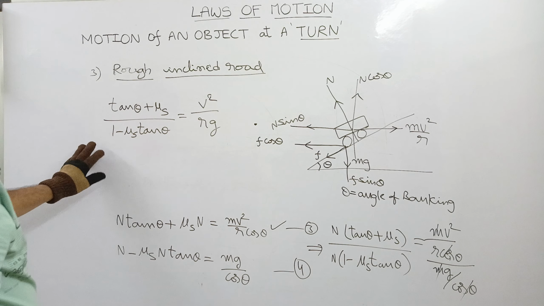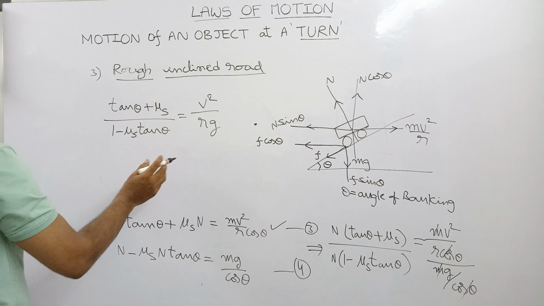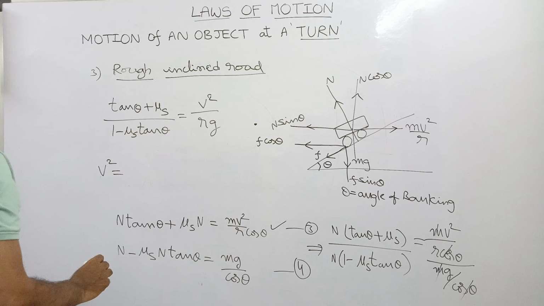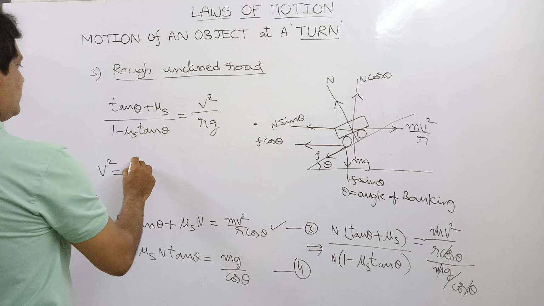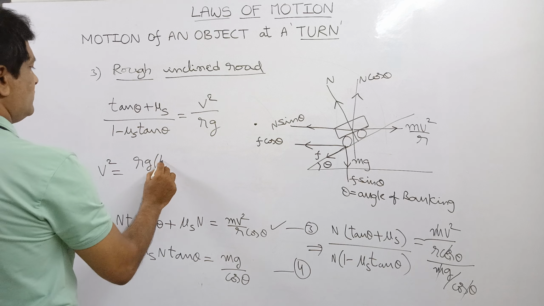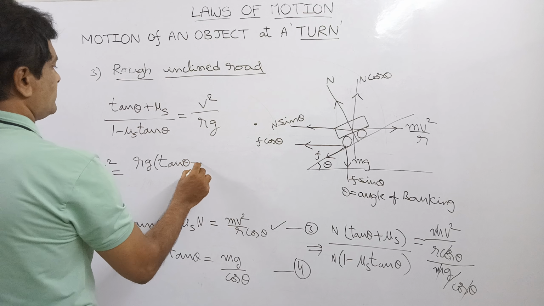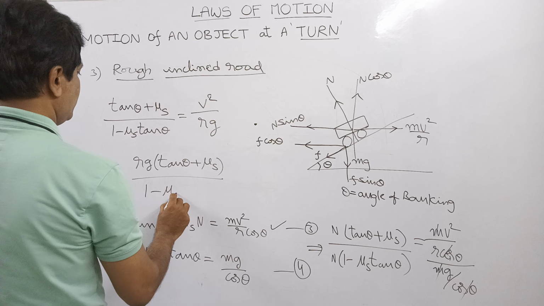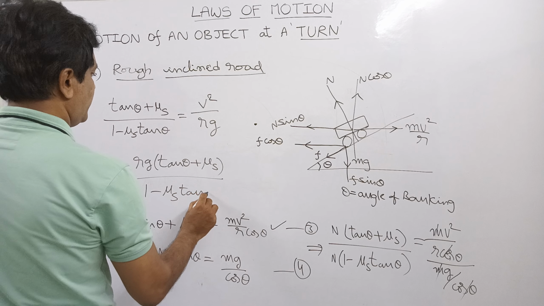Okay. So with this equation, if you observe, you can transform the terms, and with this you can get v square is equal to rg into tan theta plus mu s by 1 minus mu s tan theta.